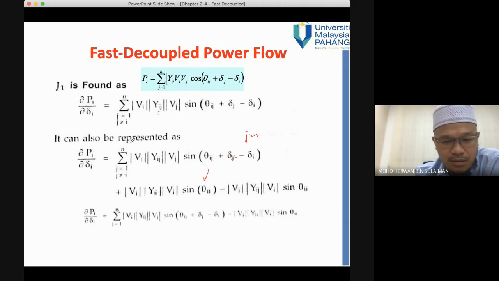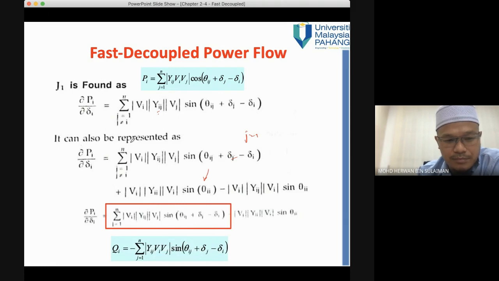Okay, daripada sini equation ni sebenarnya dia adalah sama juga dengan equation Q. Kan, Vi, Yij, Vj sin theta ni ialah equation Q kan. Q general. Ni equation P secara general, ni equation Q secara general.